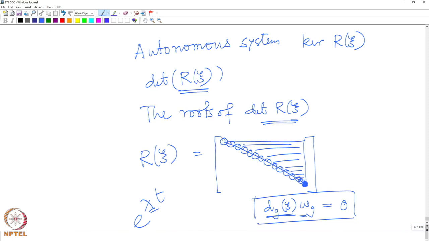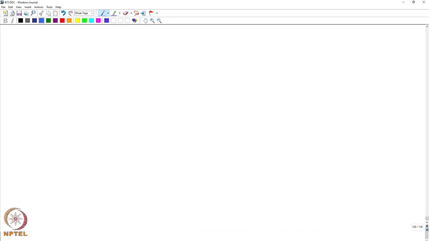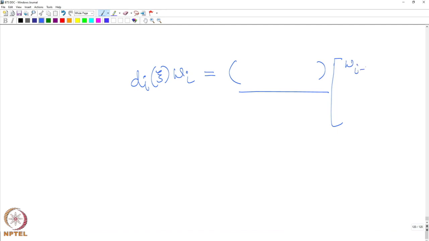Likewise, when we do this back substitution, each time the ith variable satisfies d_i w_i equal to some polynomial differential operator acting on the other variables, w_{i-1} up to w_g.